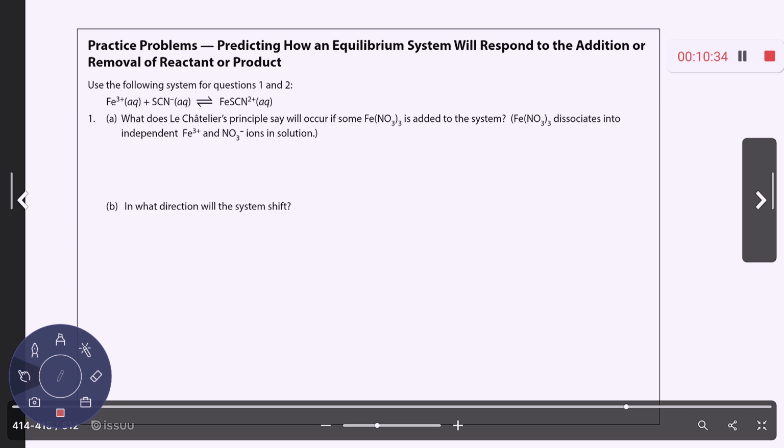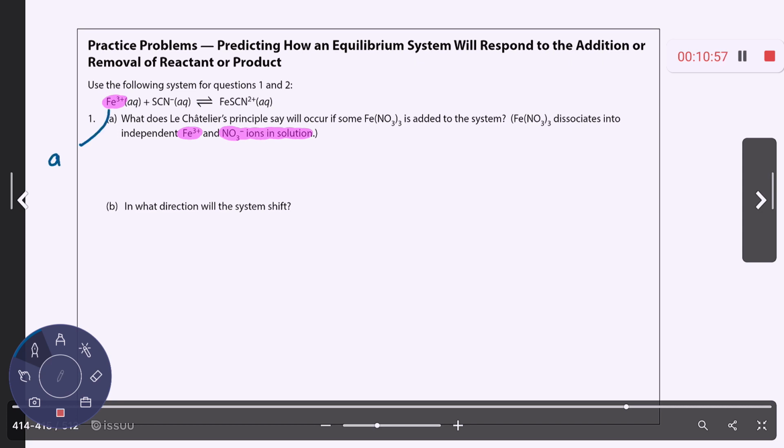Okay, all right, now this one says they added iron 3 nitrate, it dissolves, and then these are the 2 ions that are produced in the solution, okay? We only care about the one that's actually in the reaction that we're looking at. Which one is in the reaction? Okay, so I'm going to highlight the Fe plus 3. The other one is irrelevant.